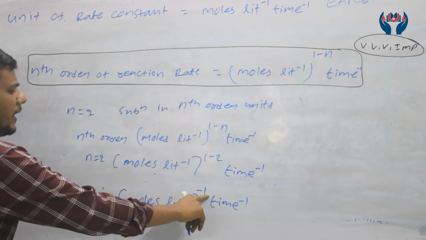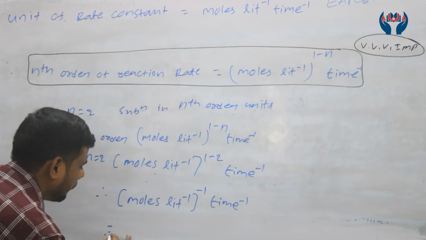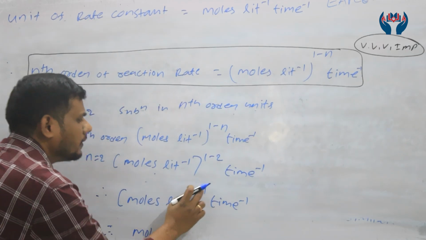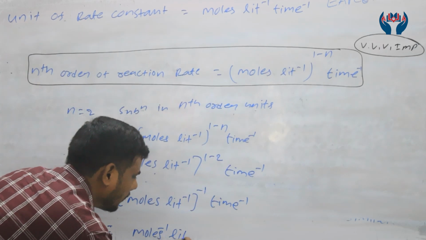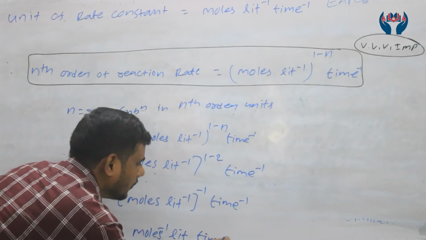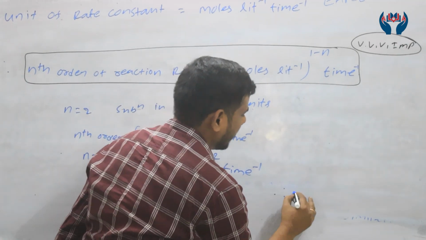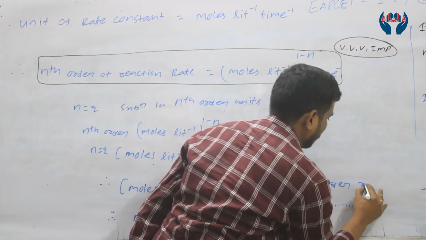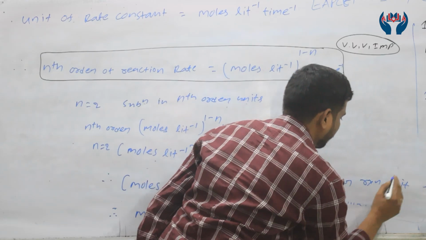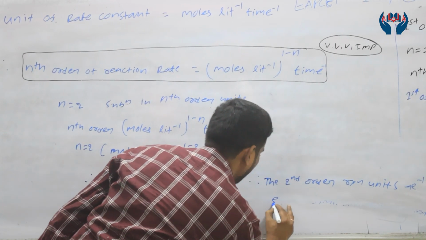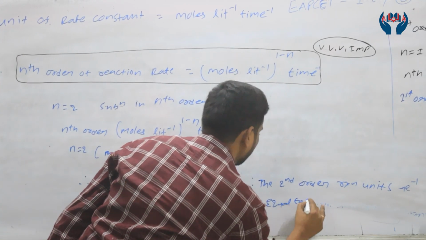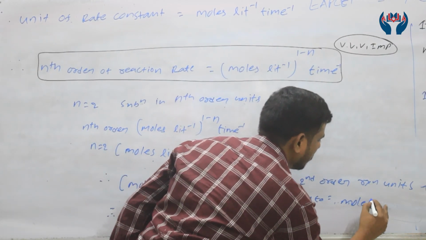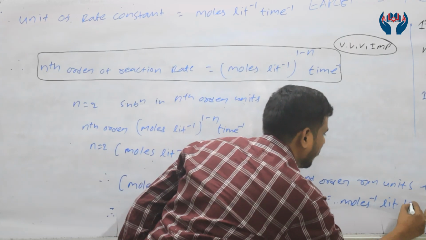Therefore, the second order reaction units equal liters per mole per time.